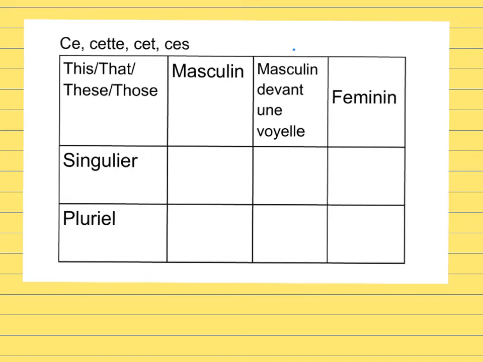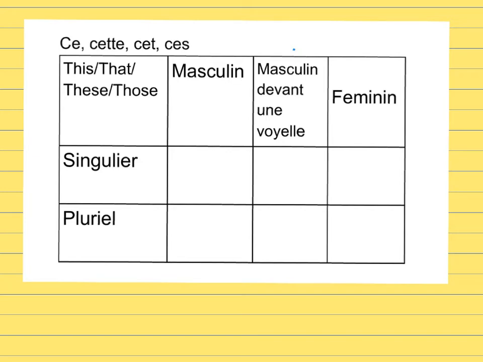And try and figure out which ones you think go where. Which one's the masculine singular, which one's the masculine plural, which one's the feminine singular, and which one's the feminine plural. I suggest that you avoid the cet for now. Okay? So take a second and look at that. Hopefully you paused it. And let's see.